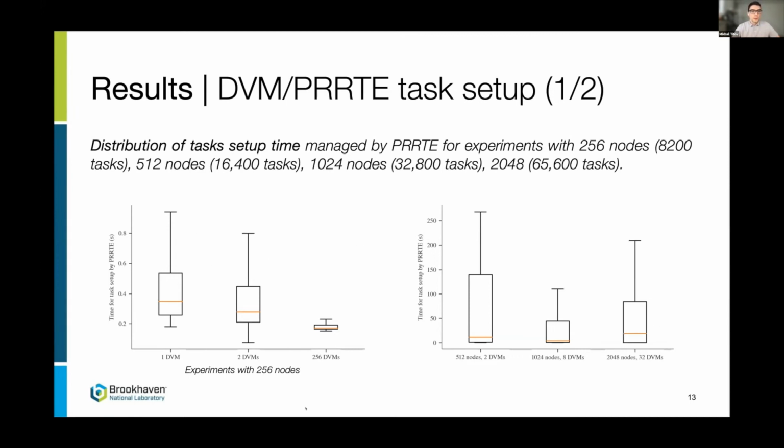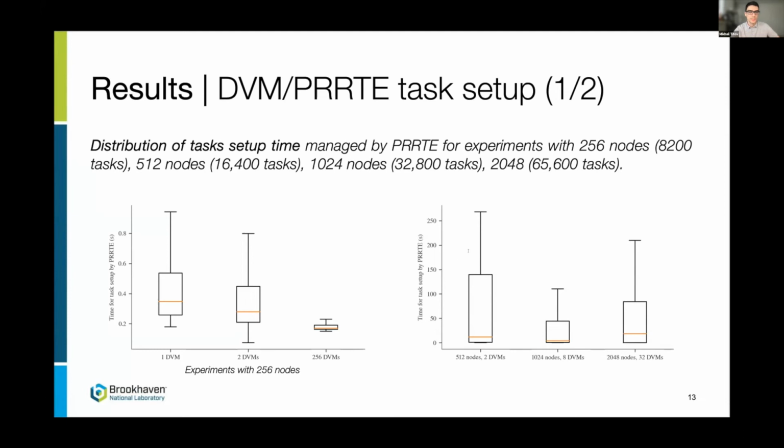In the left figure, with a relatively small number of nodes and tasks, we see the trend that task setup time decreased as we increased the number of DVMs. That is what we would expect also for a bigger number of allocated nodes and tasks.